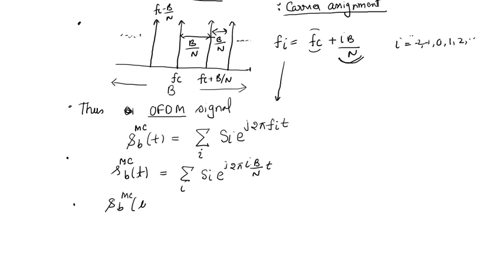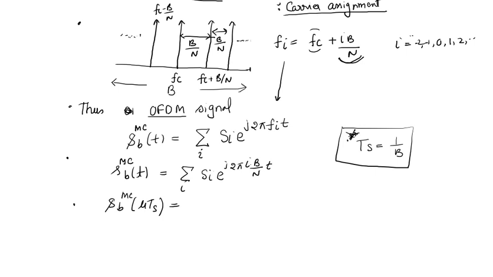Then we sample this at each T_s, and T_s is equal to 1 by B. Just note that T_s is equal to 1 by B, the inverse of the total available bandwidth.